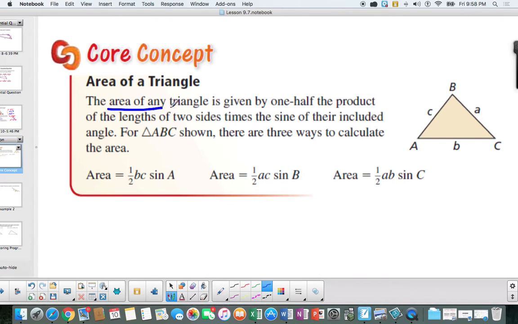So the area of any triangle is going to be 1/2 two sides, so we're going to use b and c, times the sine of the included angle. So if you work with another two sides, like a and c, your included angle will be B, and if you work with a and b, your included angle will be C.